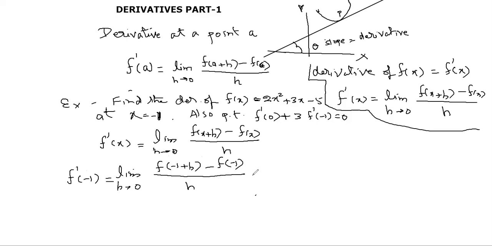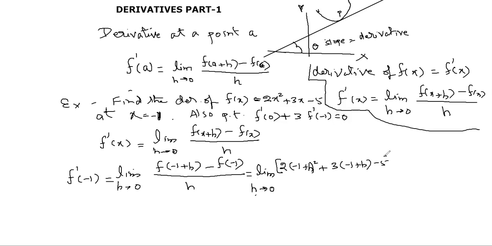Now you have to substitute the values and solve it, using the formula of f(x) that is given as 2x square plus 3x minus 5. So h tending to 0, 2 times minus 1 plus h whole square, since x is replaced by minus 1 plus h, plus 3 times minus 1 plus h, minus 5.